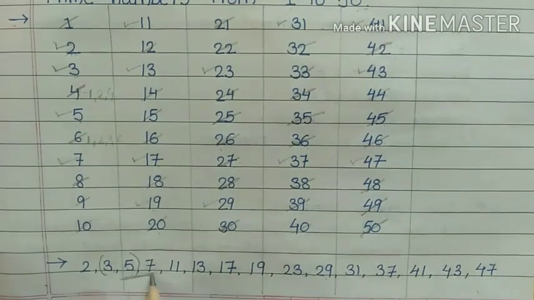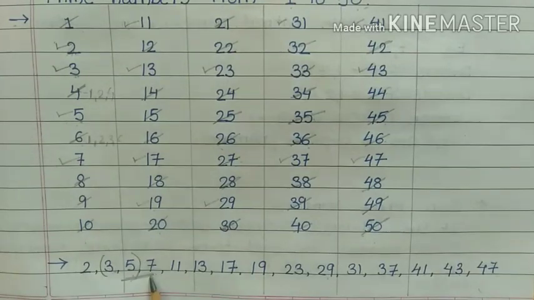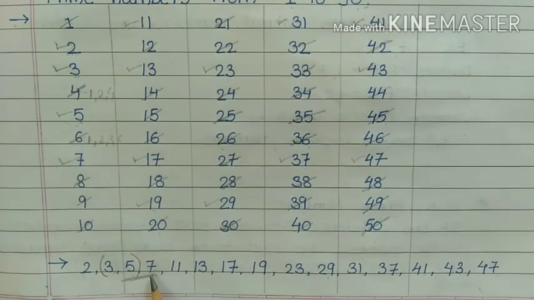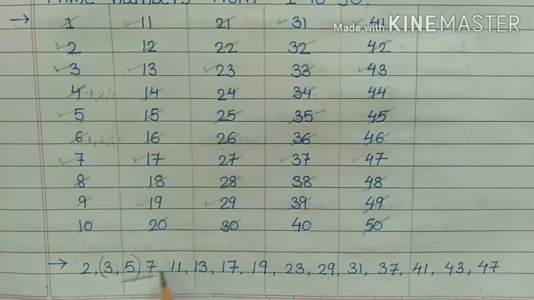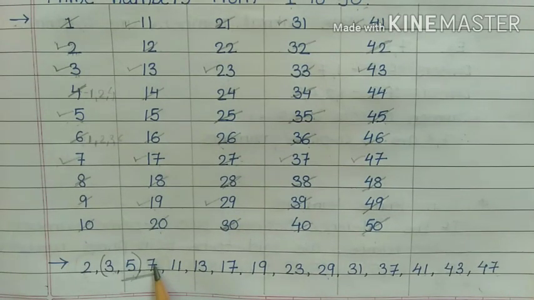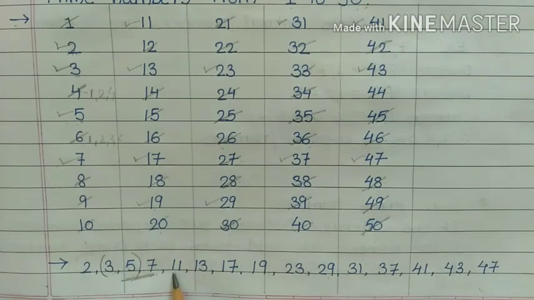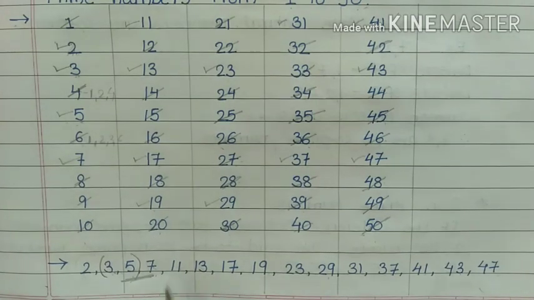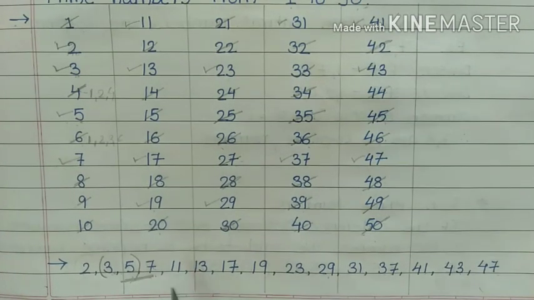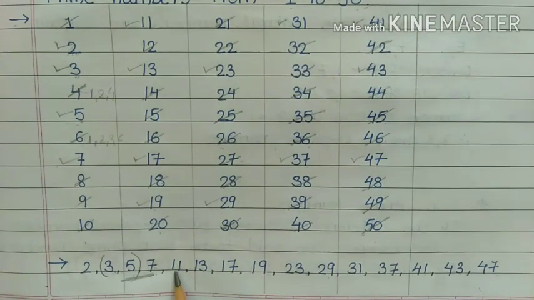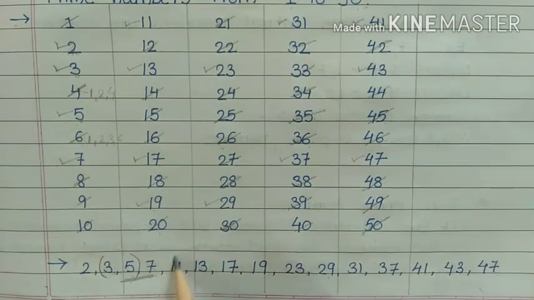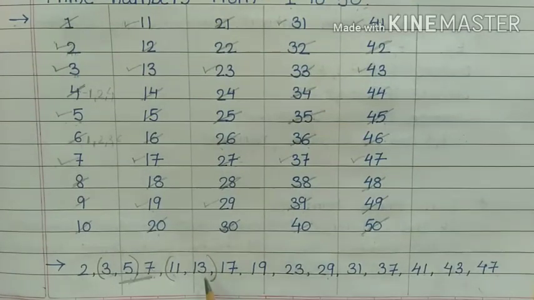So again this is a pair of twin prime numbers. Next 7 and 11. 11 minus 7 is 4. So this is not a pair. 11 and 13. 13 minus 11 is 2. This is a pair.